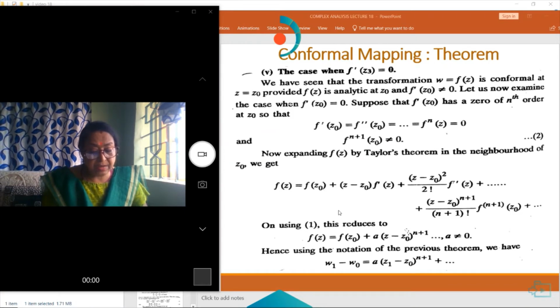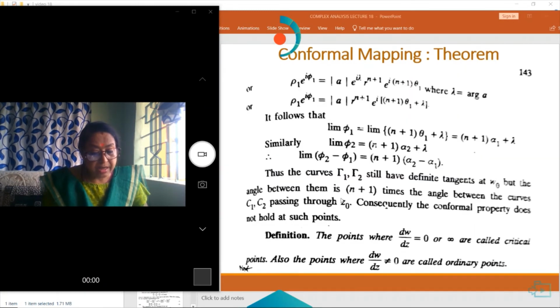So modulus of A e to the power i lambda, r to the power n+1, e to the power i(n+1) theta 1, where lambda is equal to arg of A. So rho 1 e to the power i phi 1 can be written as |A| r to the power n+1 e to the power i((n+1) theta 1 + lambda).